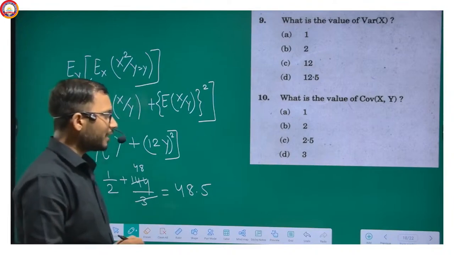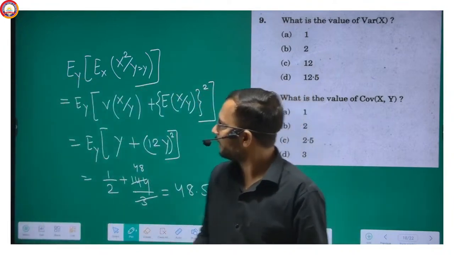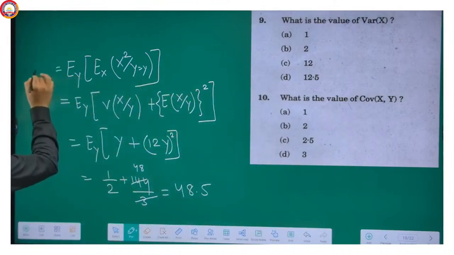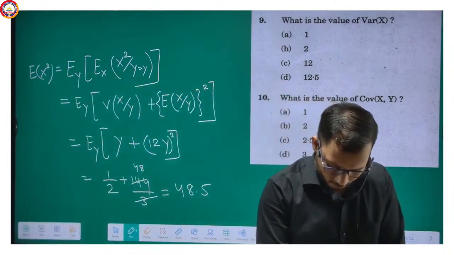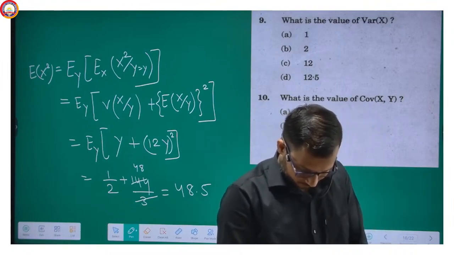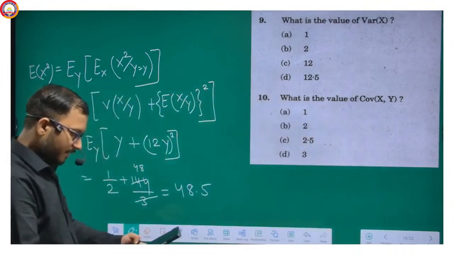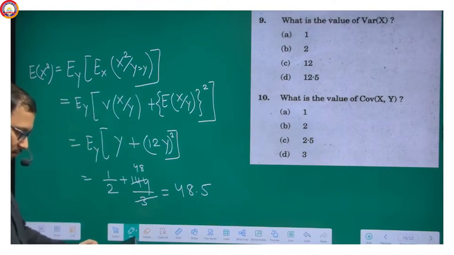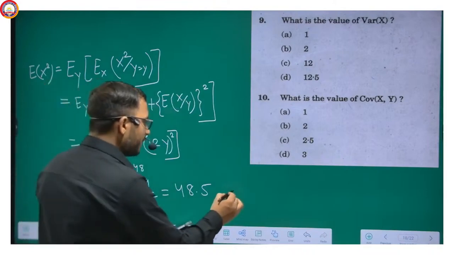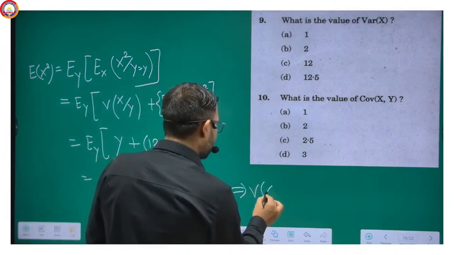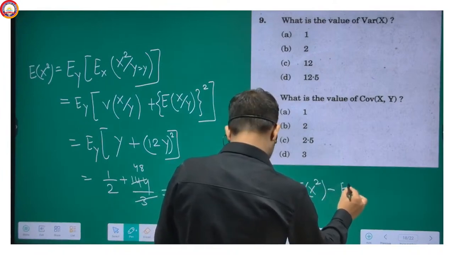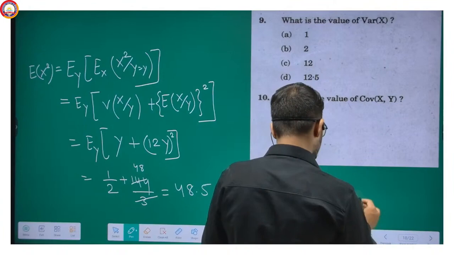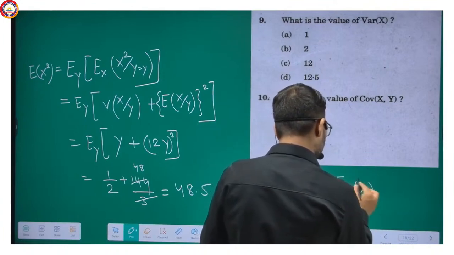We have found out expectation of x square. Expectation of x square is equal to this one. Let me check whether I have done it correctly here. Yes. Now, so obviously, what will be variance? Variance of x will be expectation of x square minus expectation of x whole square.